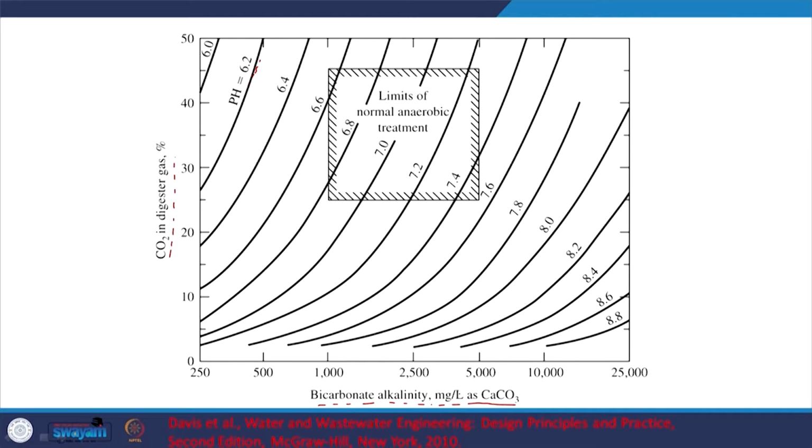There is a narrow range where the three variables of interest operationally, carbon dioxide in the digester, pH and alkalinity, will be optimum for our anaerobic treatment. 6.5, as we mentioned, was one particular limit for the microbes before which they will not be adversely affected, and obviously too high a pH will not really work out. So, again you can see that it is a narrow range.